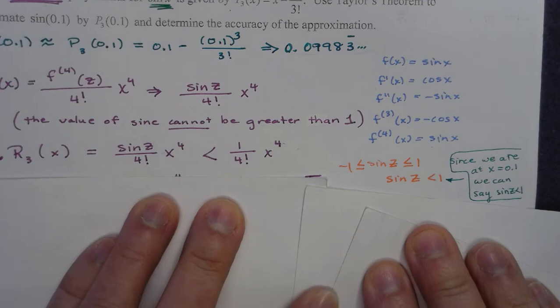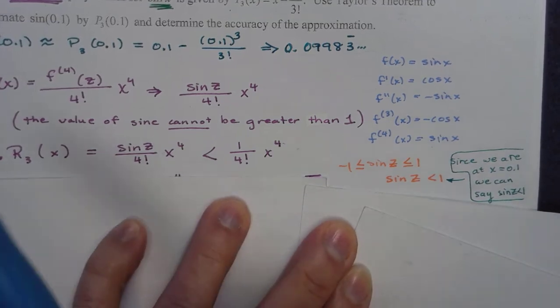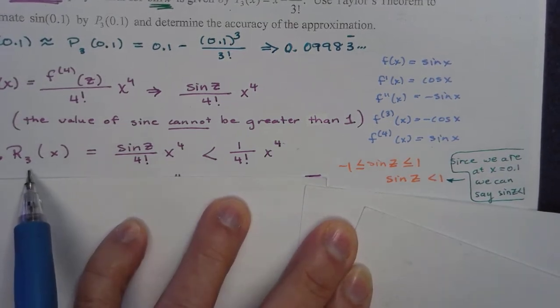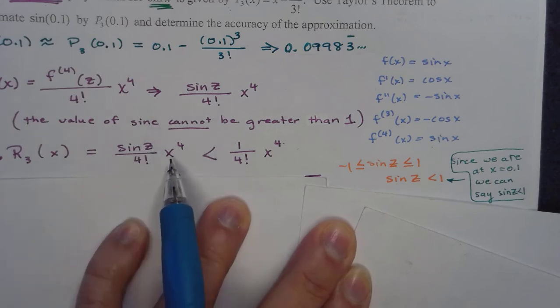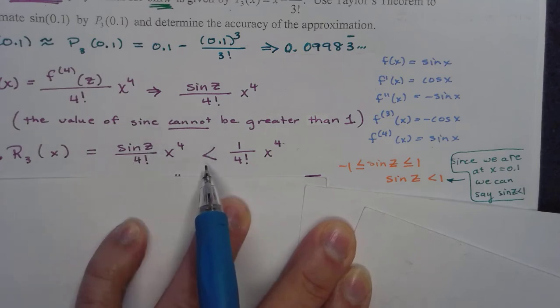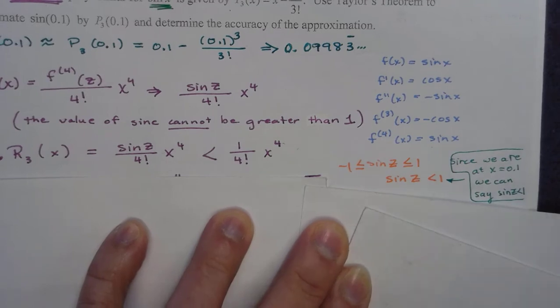So now we can say that the remainder after my third degree Taylor polynomial is sine of z over 4 factorial times x to the fourth, which is less than 1 over 4 factorial times x to the fourth, because sine of z is less than 1.